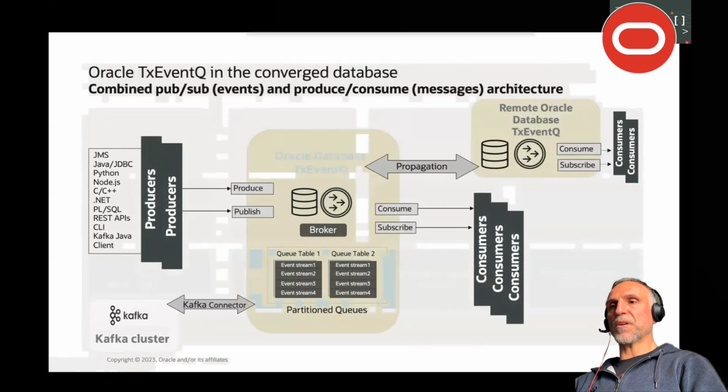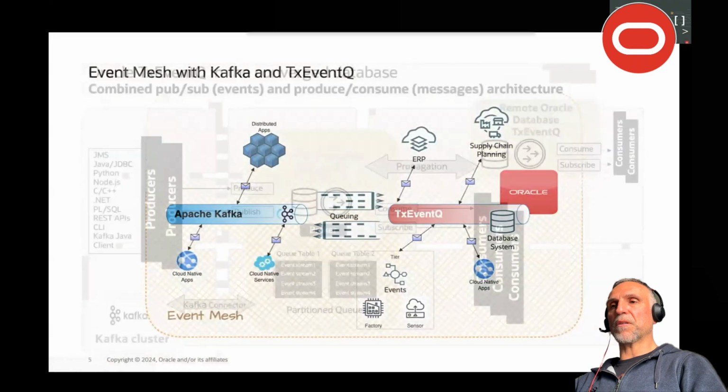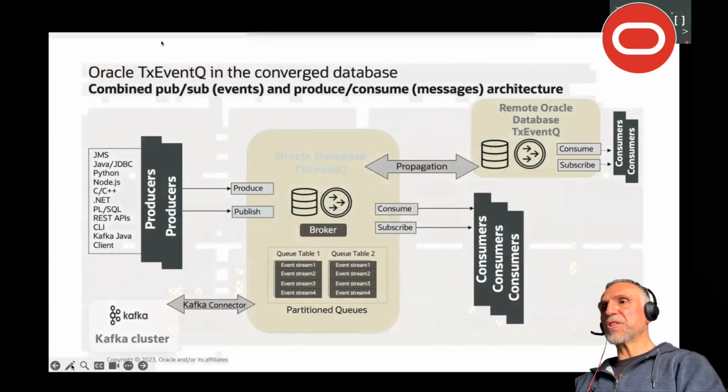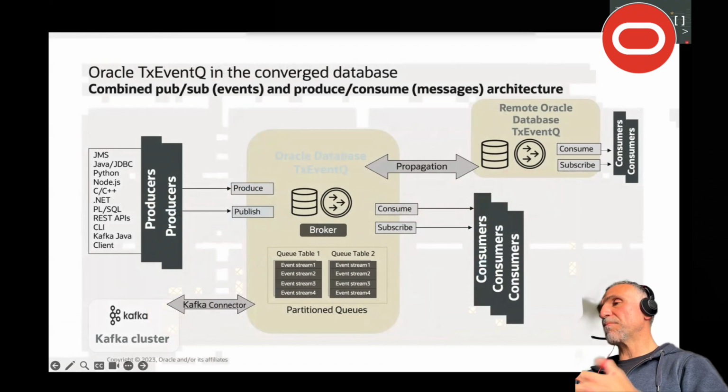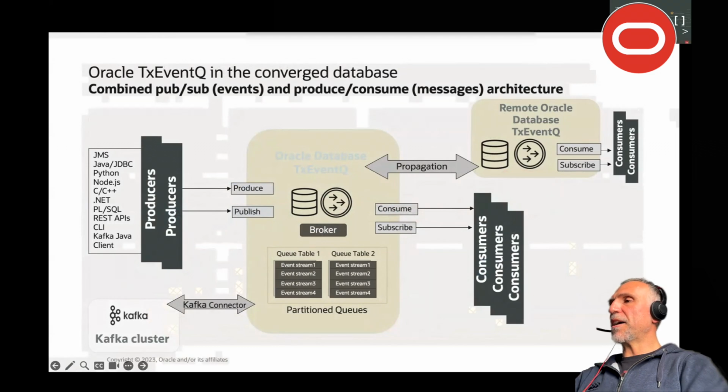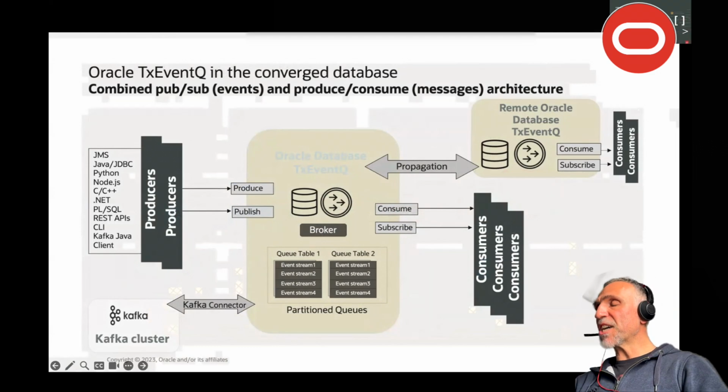Okay, all right. So let me just move forward. Let me just show you the whole thing before going into the animations. All right, so we have seen a bunch of ways to use transactional event queues. In our experience, there's a lot of language support and a Kafka-like architecture with topics and partitions. As I mentioned before, you use topics as channels, and you can produce and consume messages within the channels.